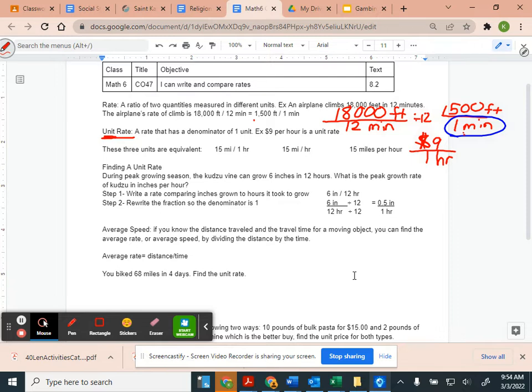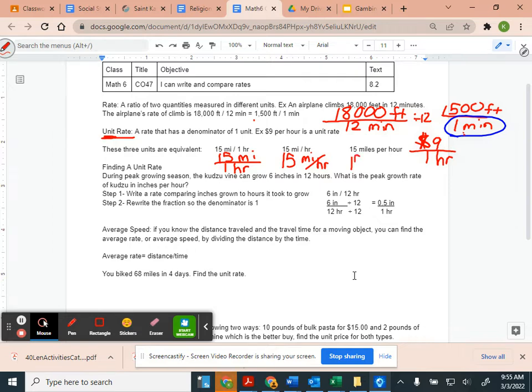These 3 units are equivalent. So just like we were talking about the ratios, there are different ways to write it, and they mean the exact same thing. Same thing with our rate. 15 miles over 1 hour is the same as 15 miles per hour.